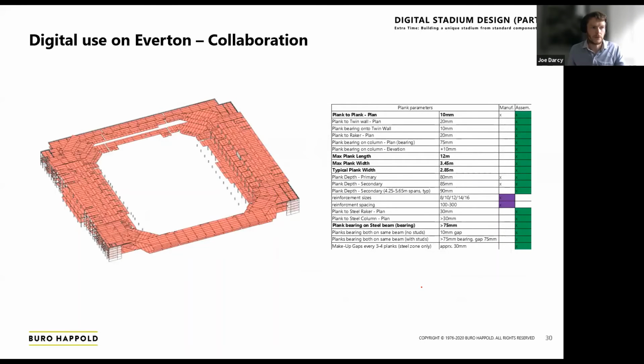Looking at the lattice planks, one thing I've learned, having gone through this process, is that to facilitate a smoother transition across to DFMA, there are some key things which are beneficial to know, such as their maximum plank length, due to the manufacture and also bringing it to site.